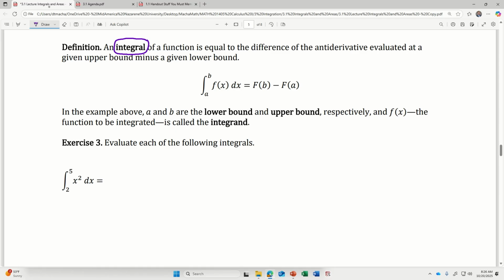What's the antiderivative of x squared? 2. No. You just found the derivative of x squared. What's the antiderivative of x squared? X third. There you go. 1/3 x cubed.